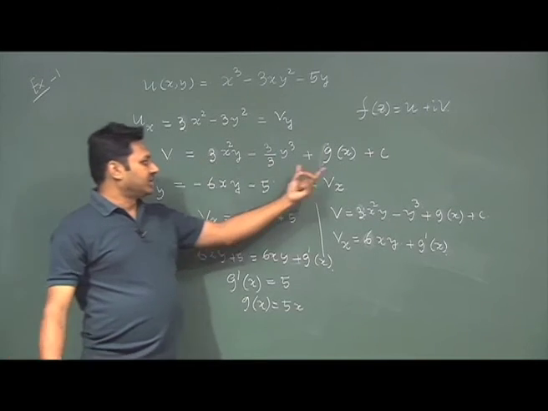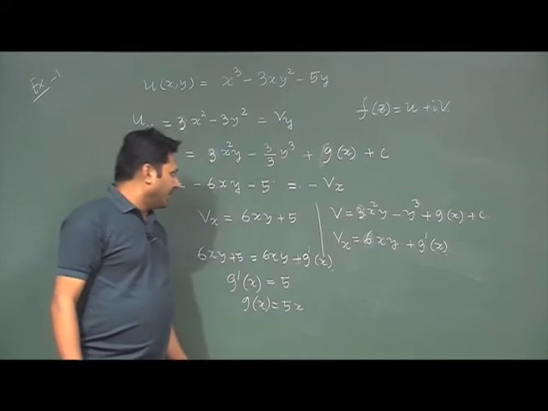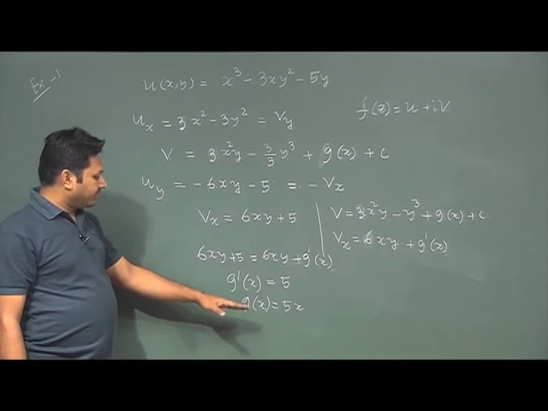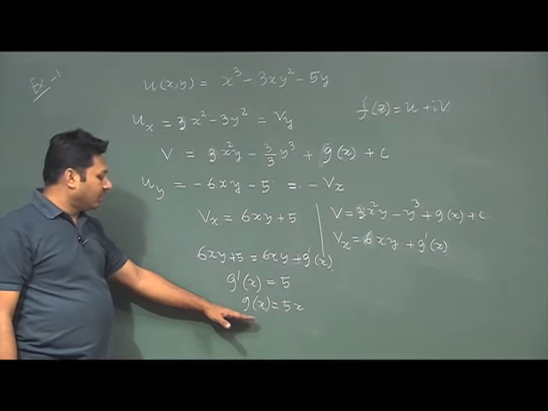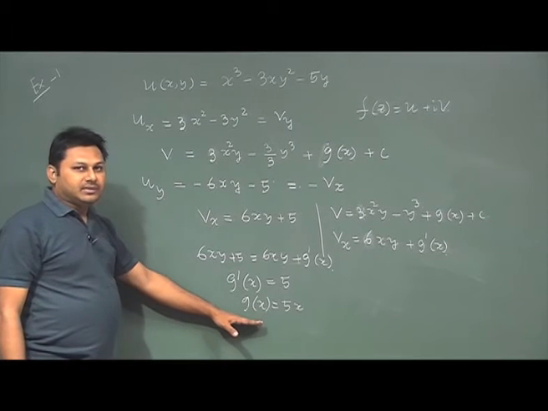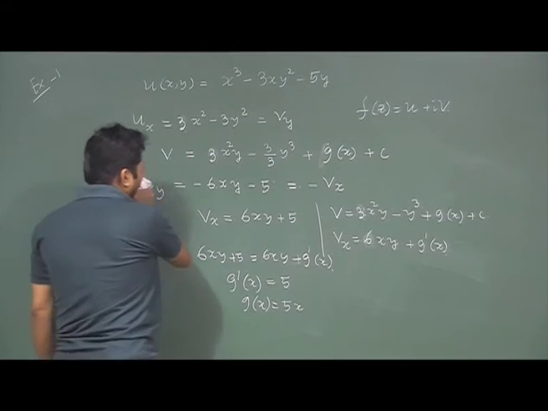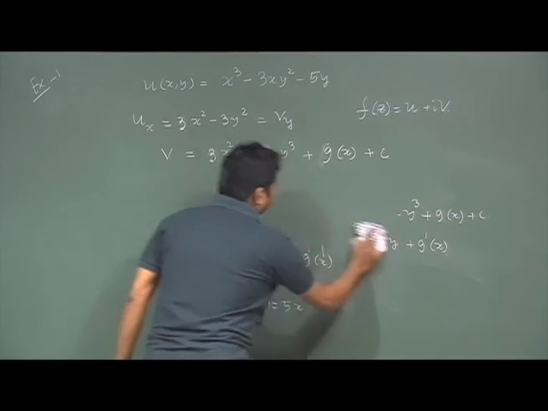So, I need to put this function here with some arbitrary constant c, and using the other equation I should have this equation where my g is given. So, g I can find out. Now, if I put it here, then the total expression is complete.